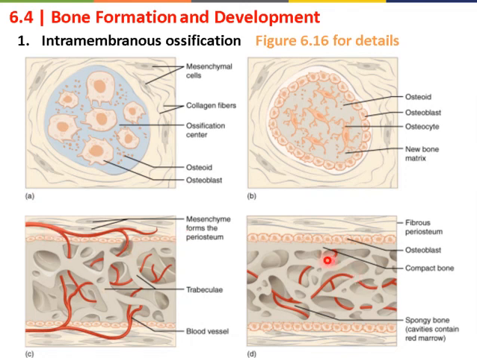After that, the compact bone develops and the complete bone is ready. So in simple terms, in intramembranous ossification the mesenchymal cells develop directly to bone tissue, osteocytes, then developing spongy and compact bone.